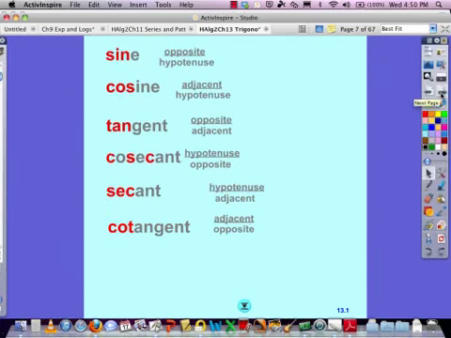Okay, you've also learned sine, cosine, tangent. But now we're going to add to that cosecant, secant, and cotangent. There are actually 6 trig functions you should be aware of, and not just 3. Now, most of you have learned the 3 trig functions, and you learned them quite well.